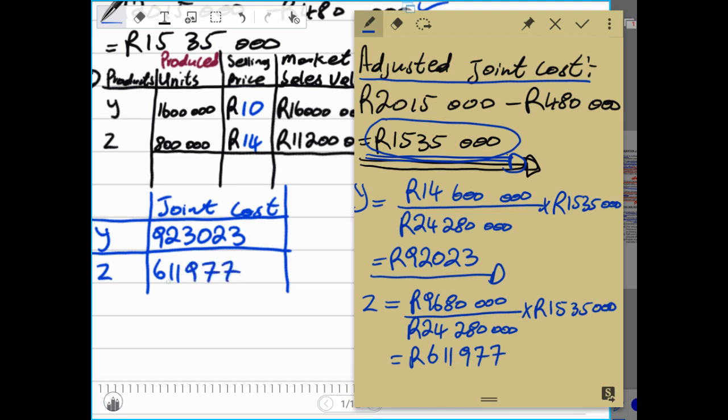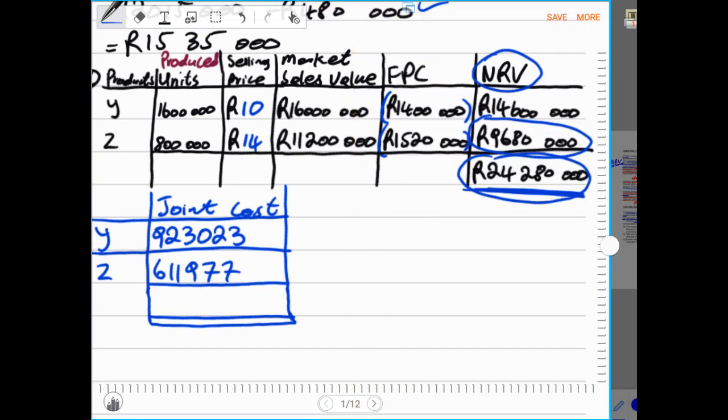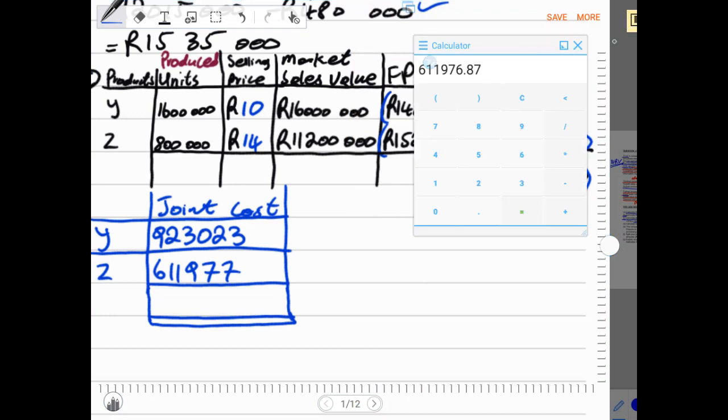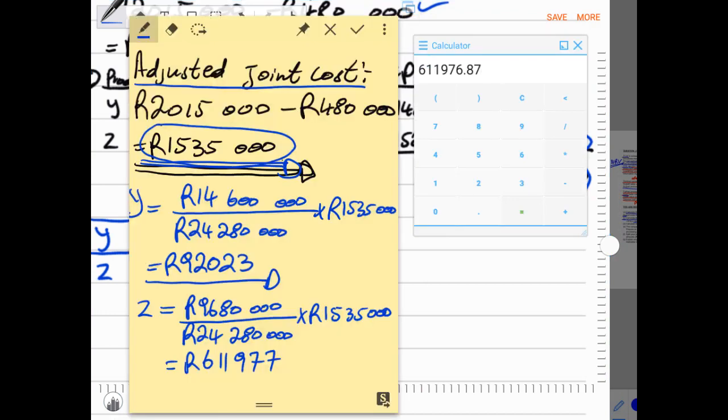611,977. And if you add these two amounts, they should give you the same total of 1,535,000 rands. Let us just confirm that.